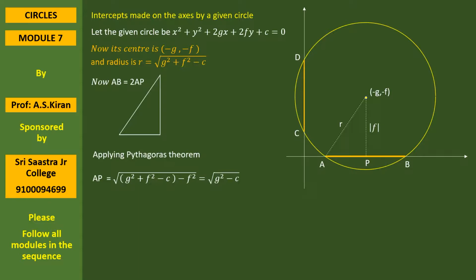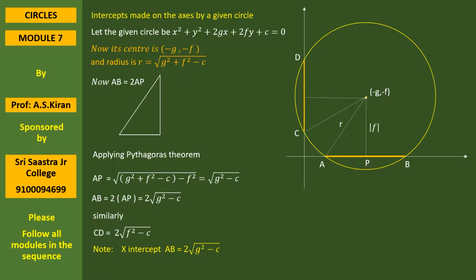So the length of AP here is root of g square minus c. AB is equal to twice of AP, that is equal to 2 root of g square minus c. Similarly, CD is equal to 2 root of f square minus c.